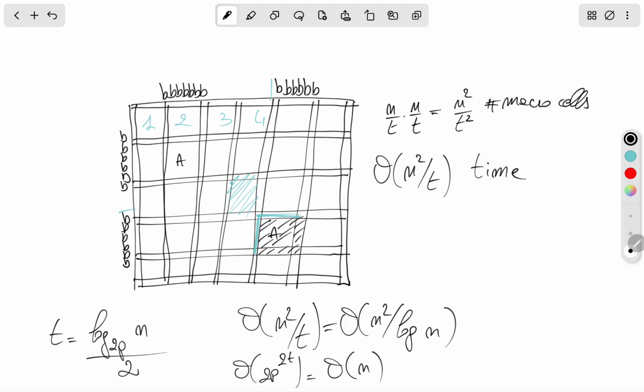Essentially, the same holds for the assumption that the submatrices are square. There is no need for that. I can have t by w, let's say, submatrices. And everything else works. I have to be careful how many macro cells I'm going to have, but that's no big deal.